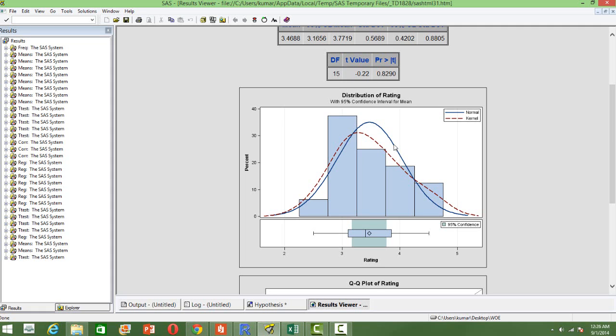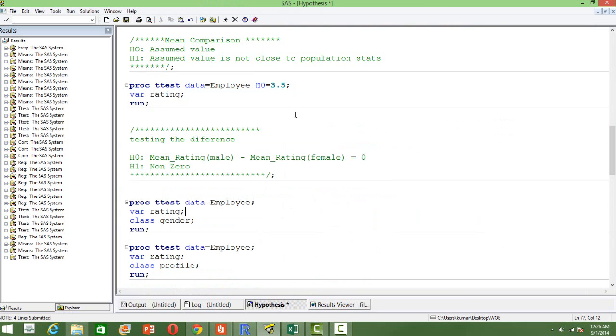But what is more important in this output is to look at the p-value. Looking at the p-value, we can come up with a conclusion about the t-test. So here we have accepted the null hypothesis and rejected the alternative hypothesis.